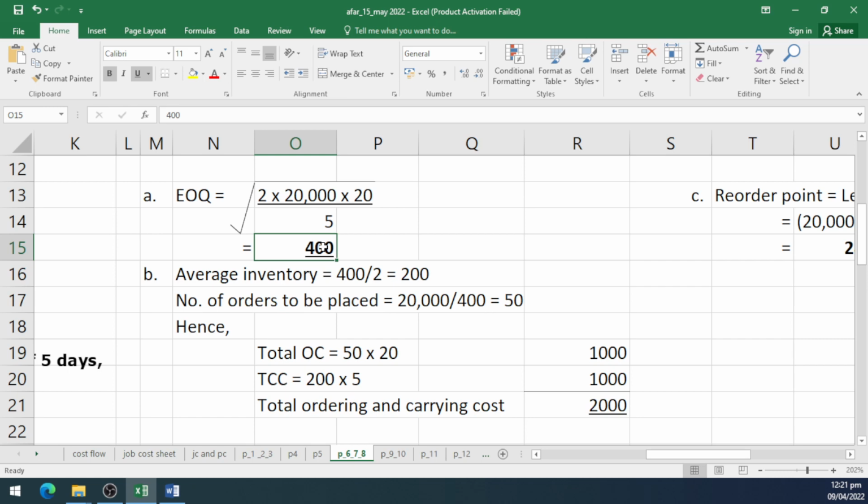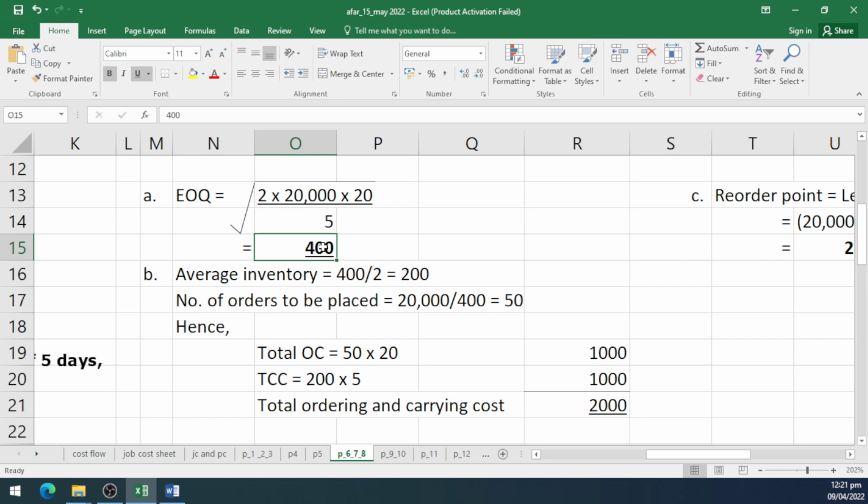Ngayon, ladies and gentlemen, ito pong model na to, EOQ, is a deterministic model. And it uses the following inherent assumptions sa pag-compute or pag-solve. Una, EOQ assumes that the demand or the usage or the annual requirement is constant.